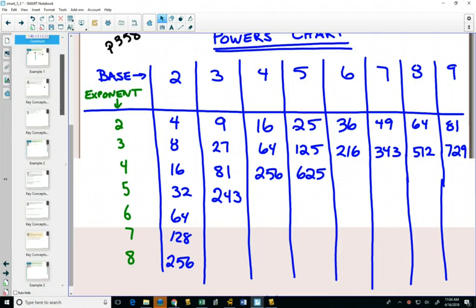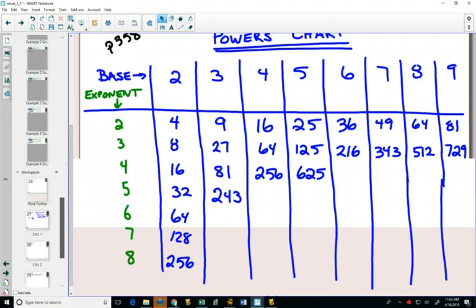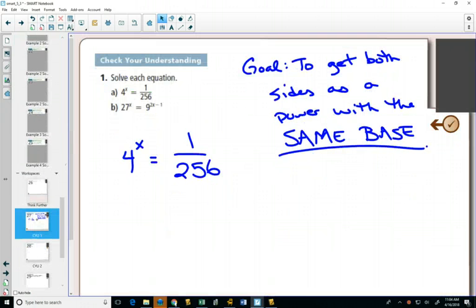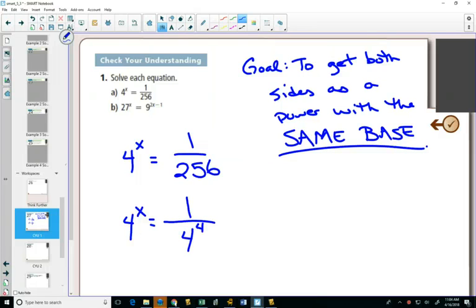So what does that look like? Well, since this one's already a power of 4, I'm going to change the 256 to a power of 4. 256 is 4 to the power of 4. Now, our goal is to get both sides as a power with the same base. We're close.